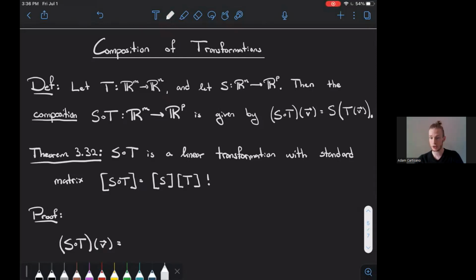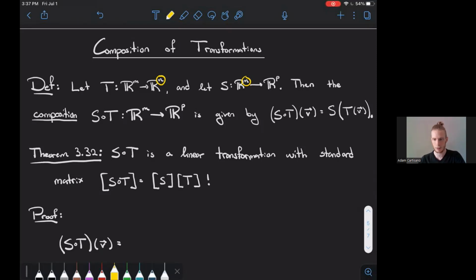Start with two linear transformations, T going from Rm to Rn, and S going from Rn to Rp. Notice the codomain of T is the same as the domain of S.